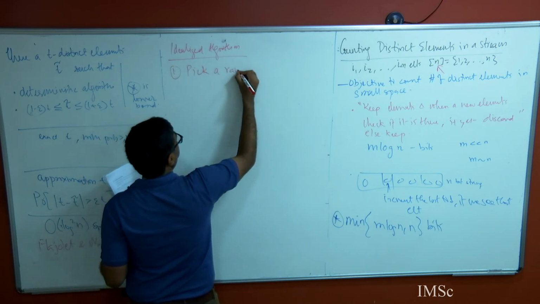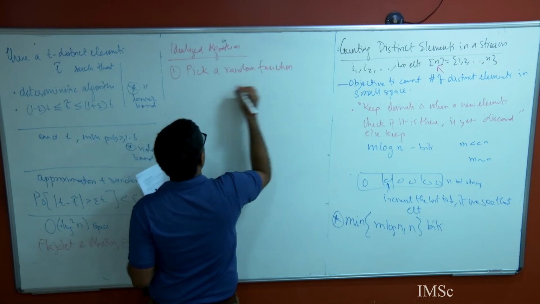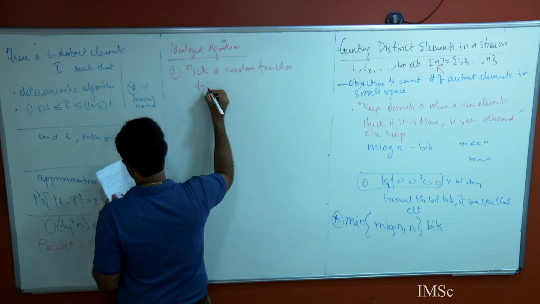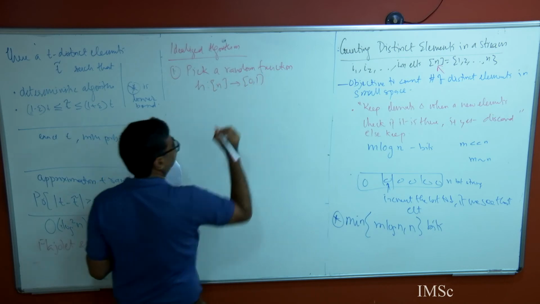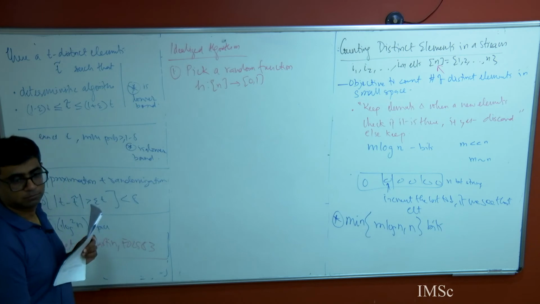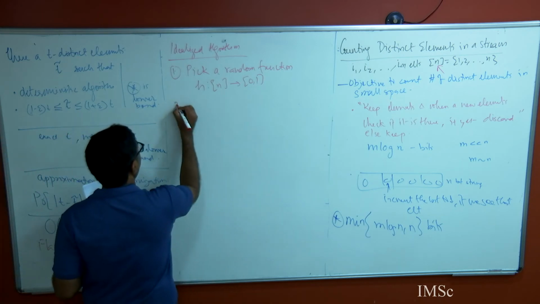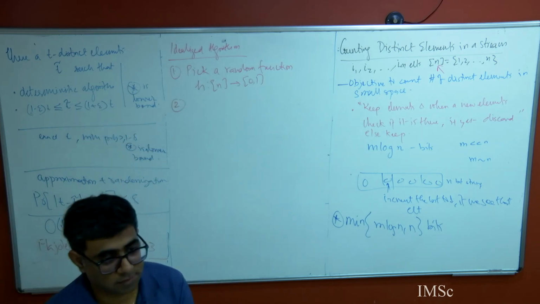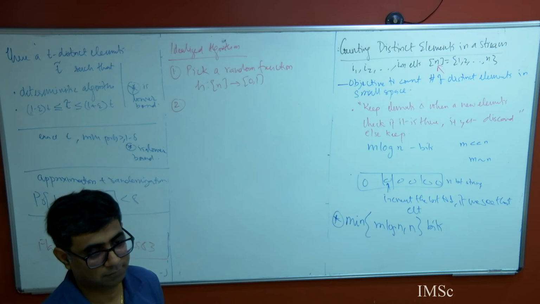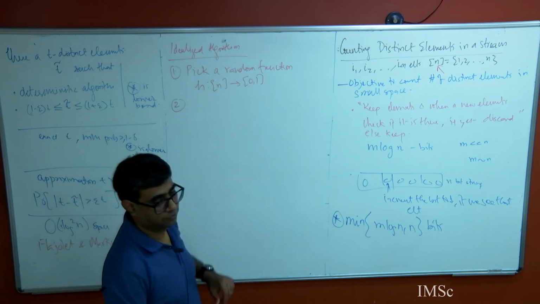Pick a random function h from 1 to n to the open interval 0, 1. This is why this algorithm is idealized. How will you store this h?